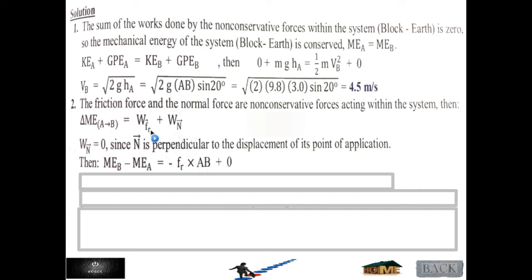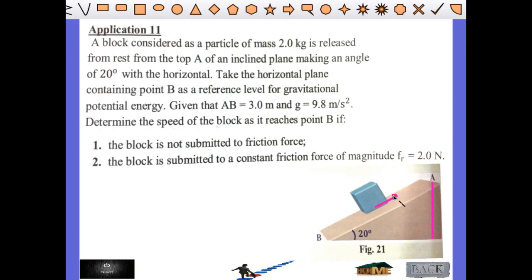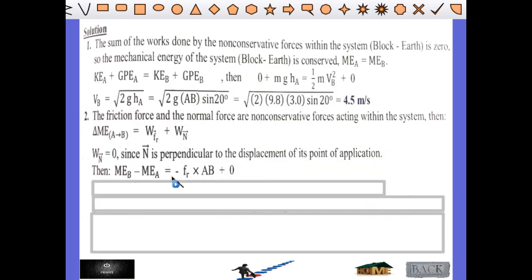Work done by friction is friction times displacement times cosine 180, because the angle between the friction and the displacement is 180, since they are opposite to each other. This is my friction, and the displacement is AB. Cosine 180 is minus 1, so they wrote minus friction times AB.